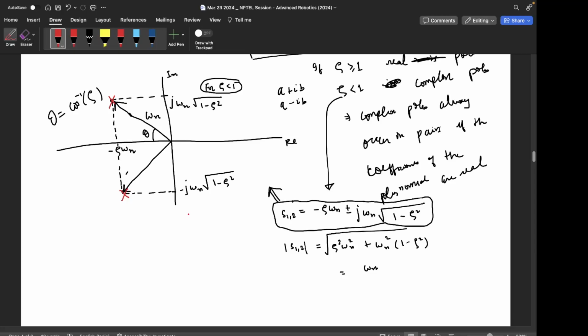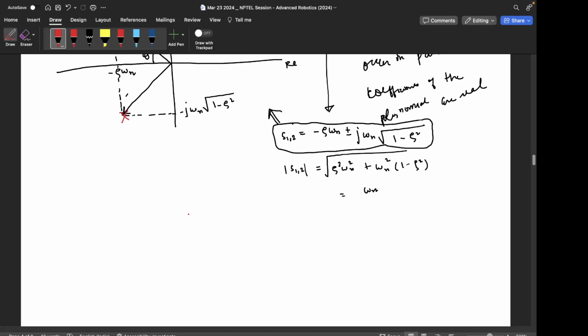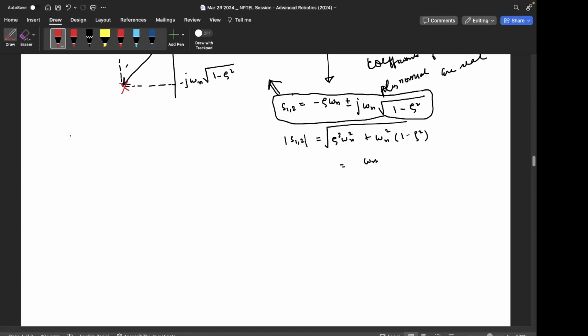What are the different positions of poles that can basically happen, and what will be the effect on stability?